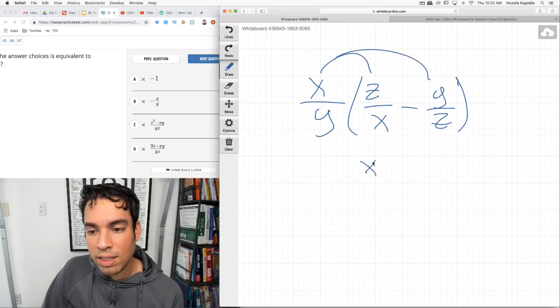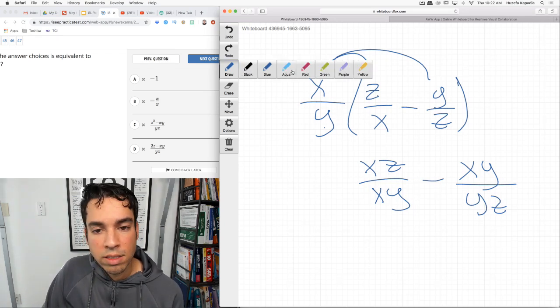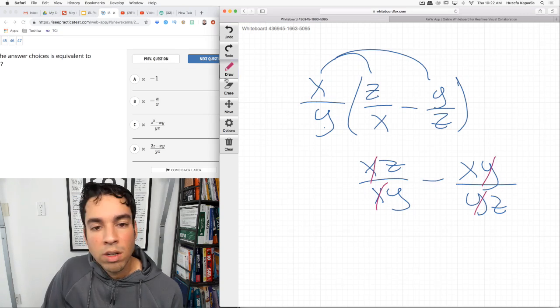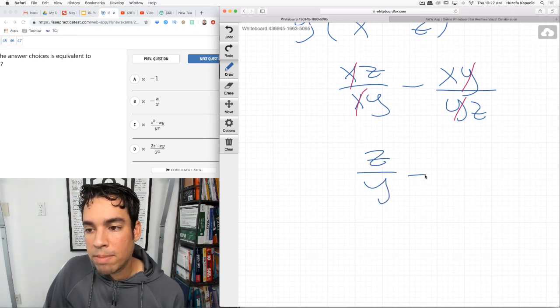Then I get xz over xy. Minus x, see, numerators multiply numerators, denominators multiply denominators, yz. I see that these x's cancel out, these y's cancel out, boom, boom. Now I've got z over y minus x over z.